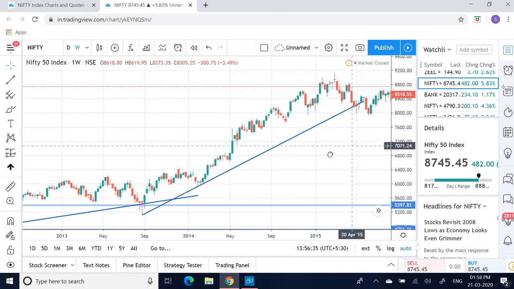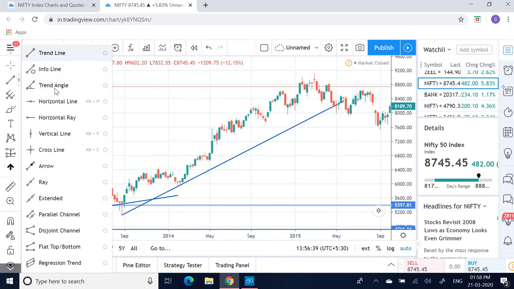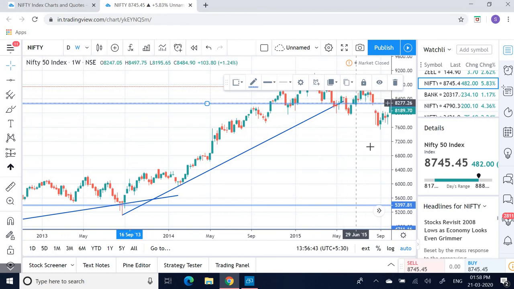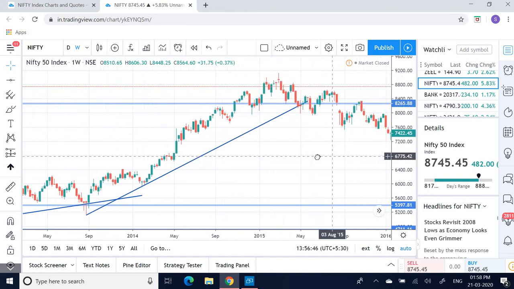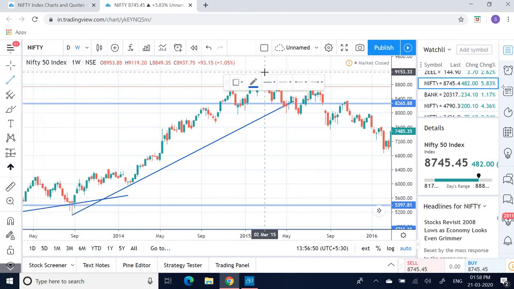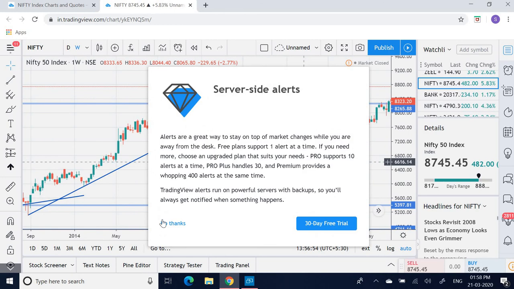And here somewhere the trend line is broken, and probably here you would get out. You would get out at 8,400 something, and you'll draw a new trend line, this time downside. You see how effective it is.